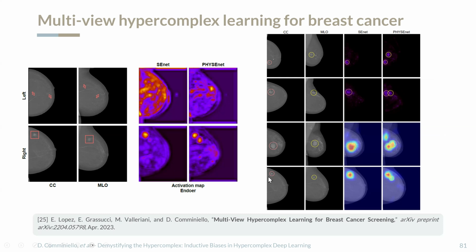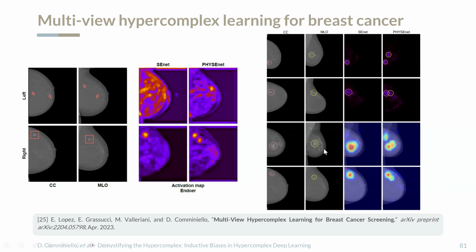This is a very clear example. Imagine that we have these images, and on one breast you can detect one mass or area of interest, and in the other breast you can see a different region. If you use a real valued model, you will see only the most significant area of interest between the two.